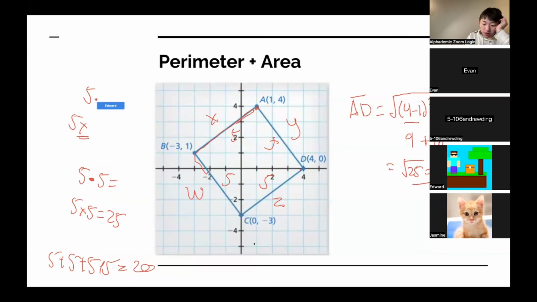So just know that whenever you see the dot, it's always a number times another number. Does anyone have any questions on this stuff? All right.